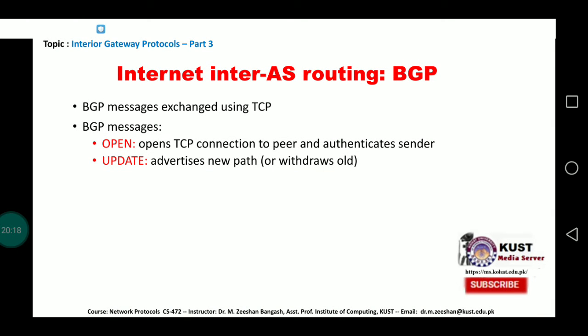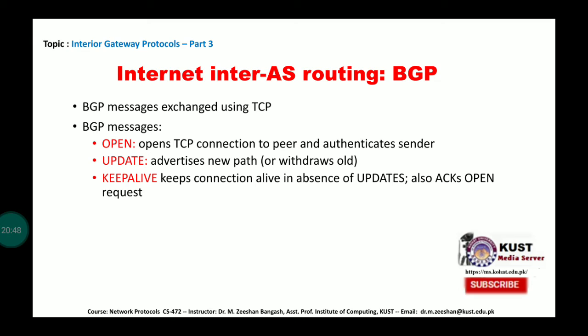So the inter-autonomous system routing, particularly the BGP protocol, has an open message. We discussed that it basically opens the TCP connection, and then there is an update about the new paths that have been added to the routing table, and for that an update message is flooded among the neighbor autonomous systems.